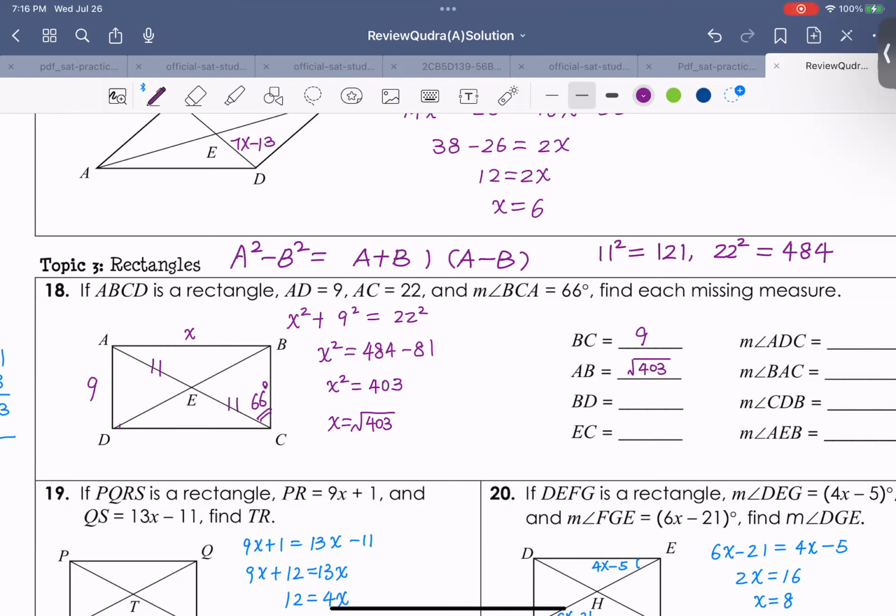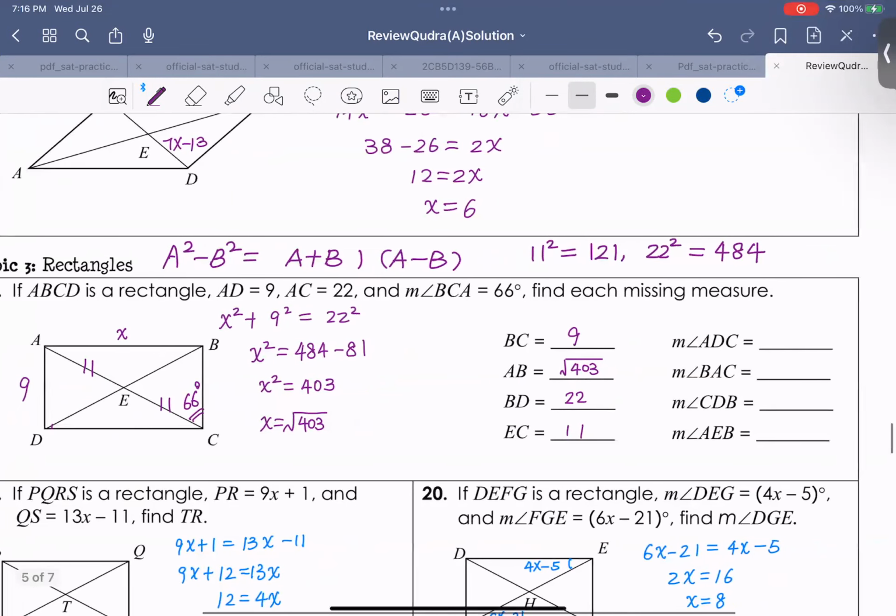Okay. Let's get BD. How much is BD then? 22. Good. How is EC? EC is 11. Good. ADC, the right angle, this angle will be 9 plus this angle, 90 degrees.